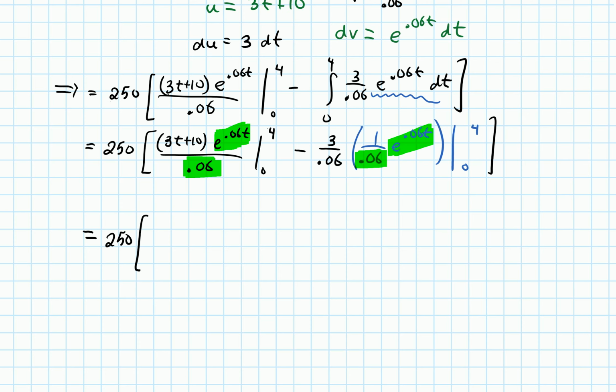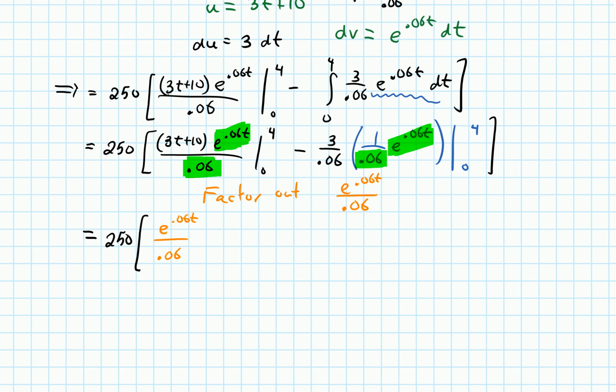Okay, so let me scooch that down there so I can write out that we are going to factor out that e to the 0.06t over 0.06, because it was common to both of these terms. So when we do that, the e to the 0.06t over 0.06 gets factored out.